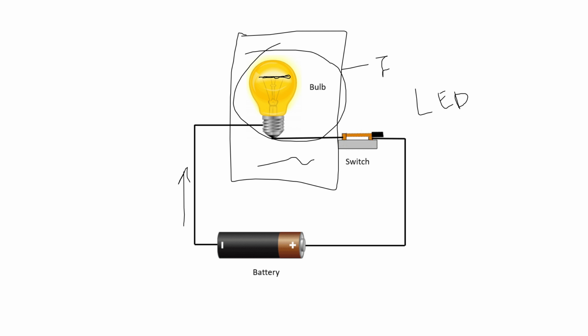In this case, this component is essentially a filament. A filament is essentially a resistor, and a resistor produces heat when you're trying to pass electrons.